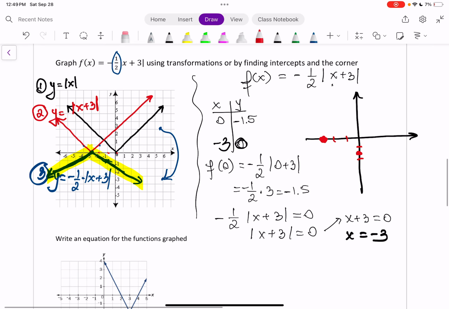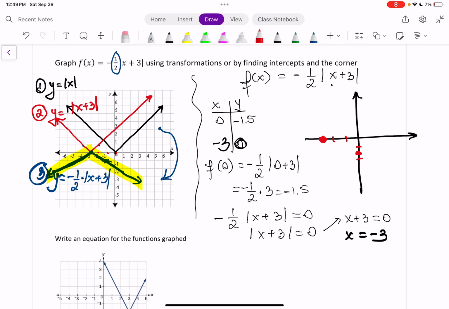Of course, in our transformations, if we look to the left, we know very well what is happening here. So what I'm saying is that you will need to plug in a little bit more values. We know what happens at negative 3. Maybe go a little bit more and plug in more points.